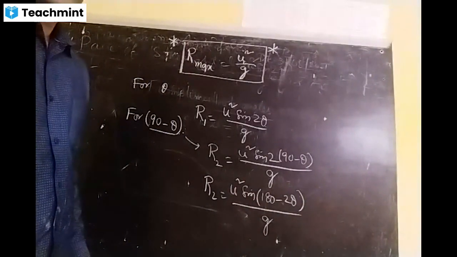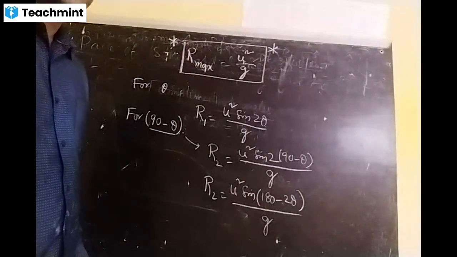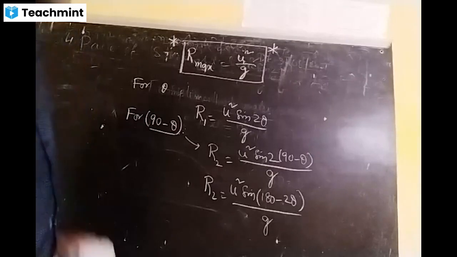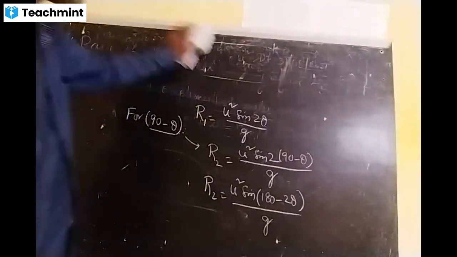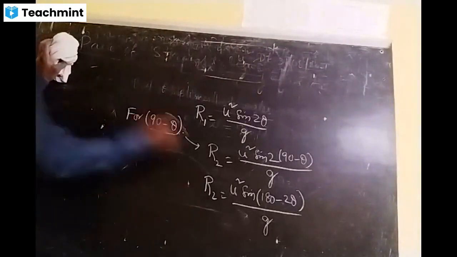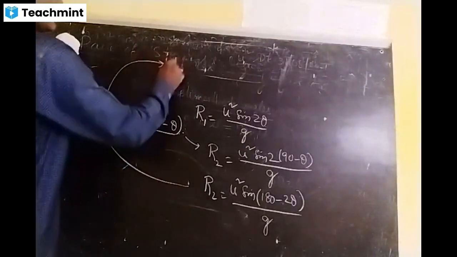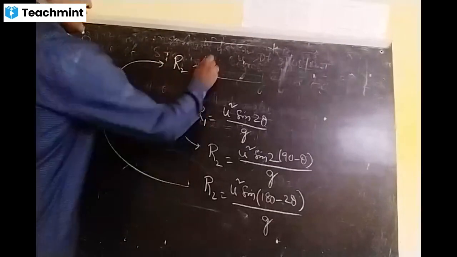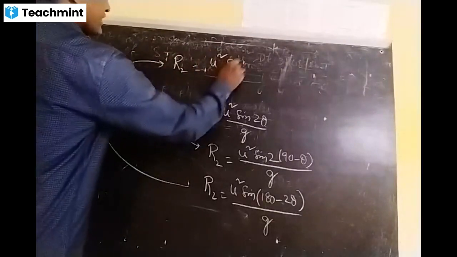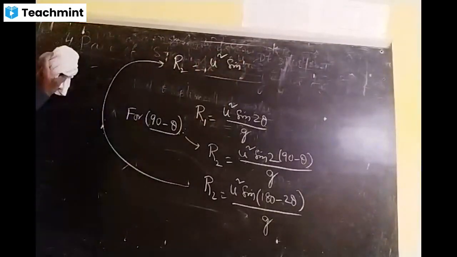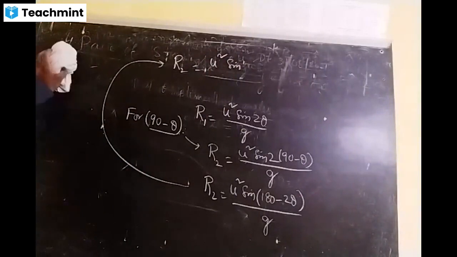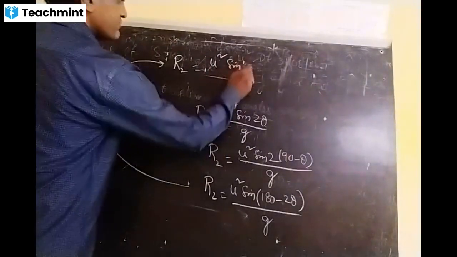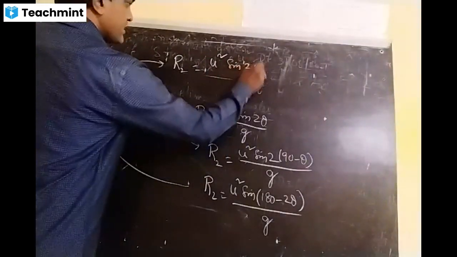Second quadrant. Good. In the second quadrant, sine is positive. So R2 is equal to u square sine of 180 minus 2 theta, and sine remains sine only. Sine of 180 minus 2 theta gives sine 2 theta.